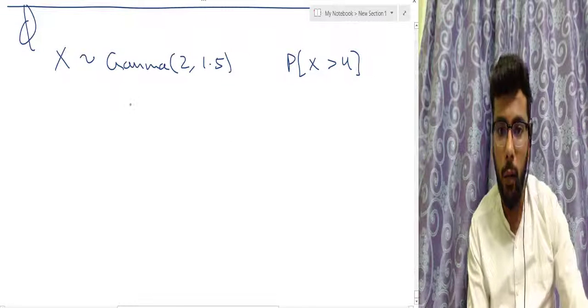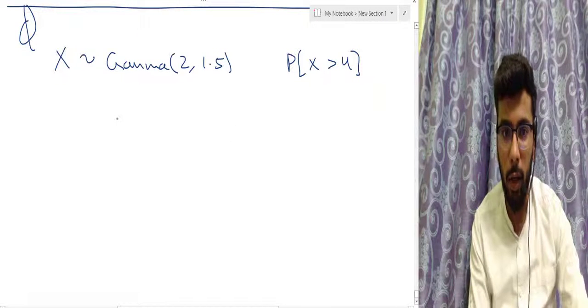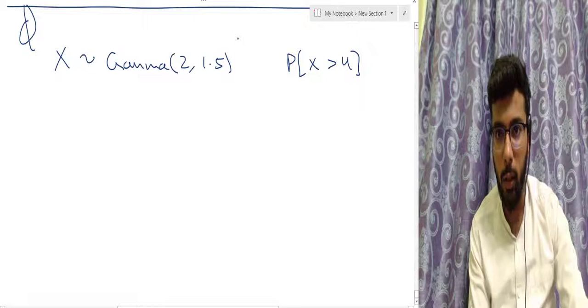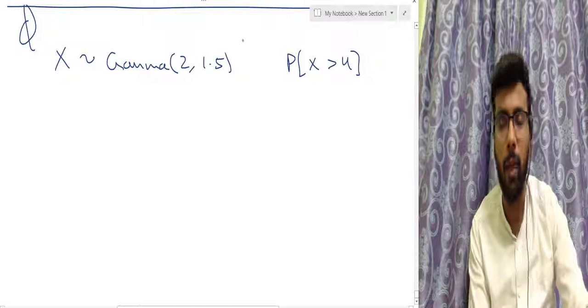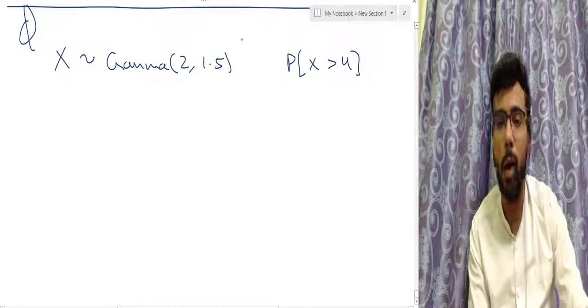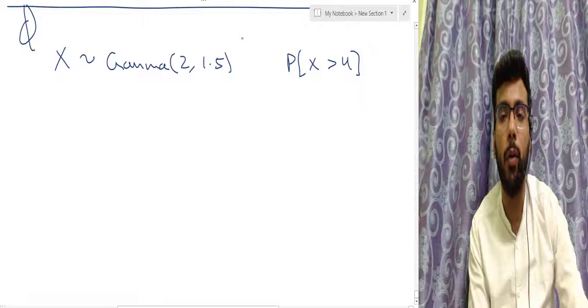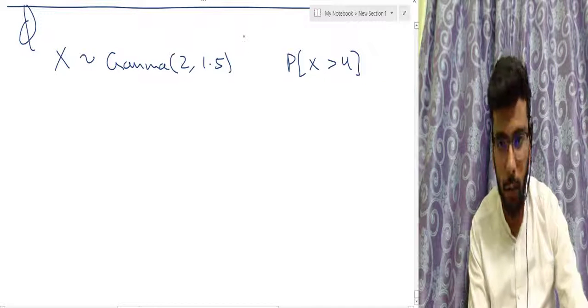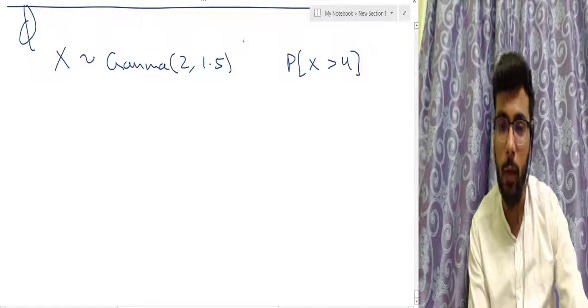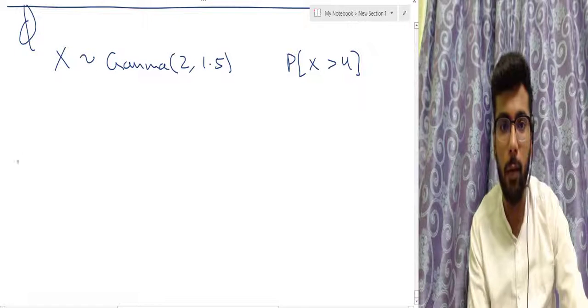One thing to note here is you do not need to learn any PDFs. These are pretty complicated PDFs, so you should know how they come, what their significance is, and where they can be applied. But you do not need to learn them, because they are all given in tables, as we have seen before as well.